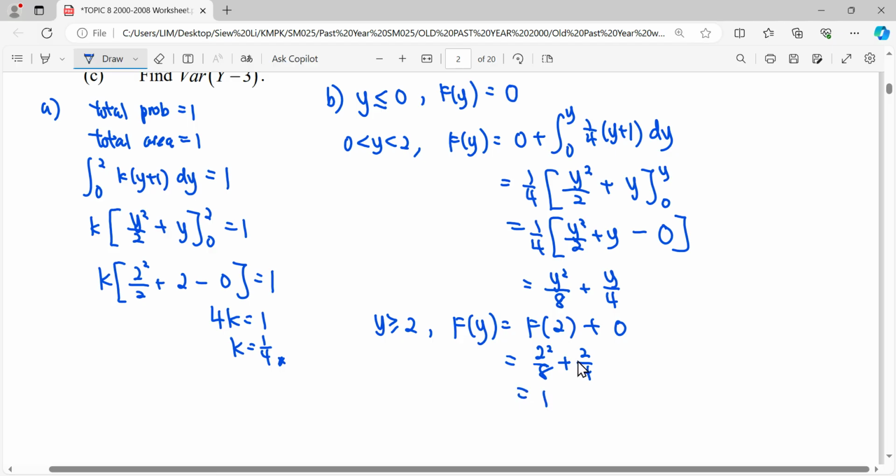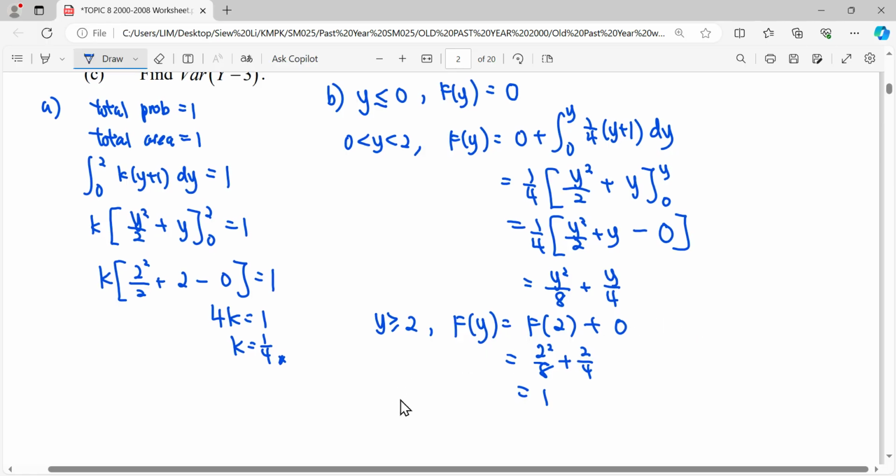Then you'll get 1. After that, we rewrite this as a piecewise function. The first result is 0, where y is less than or equal to 0. The second result is y squared over 8 plus y over 4, where y is between 0 and 2. Lastly, 1 for y greater than or equal to 2.